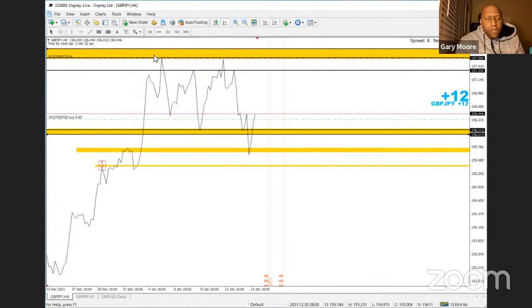Can everybody see the push, the pullback, the transition? Yes, I see it. And then the E, this is probably a wick. So let's just see.